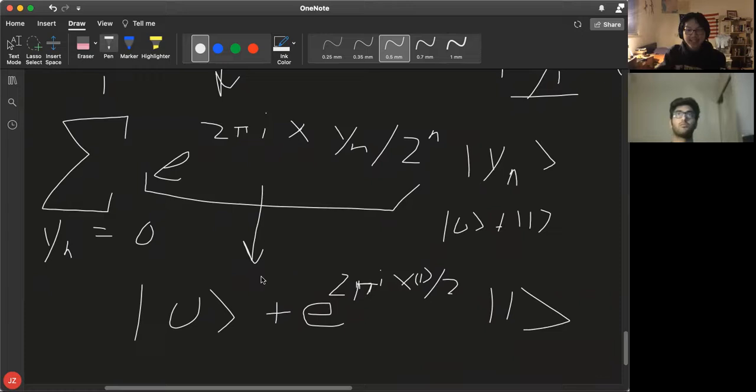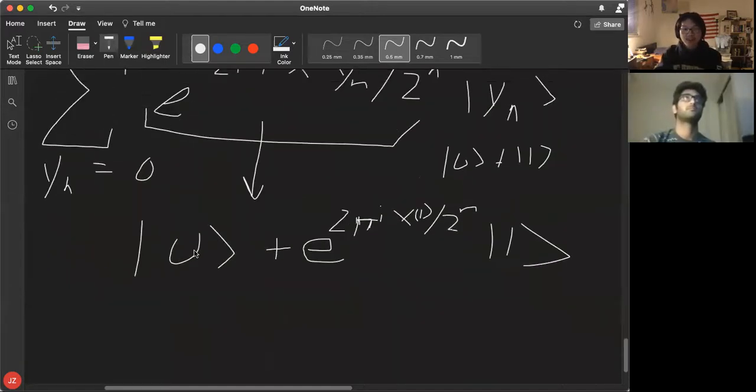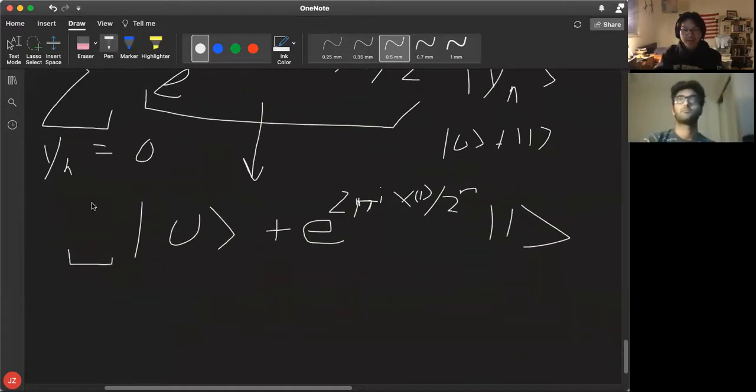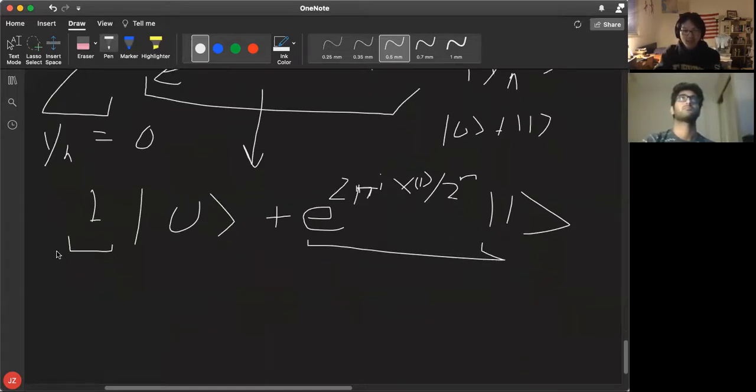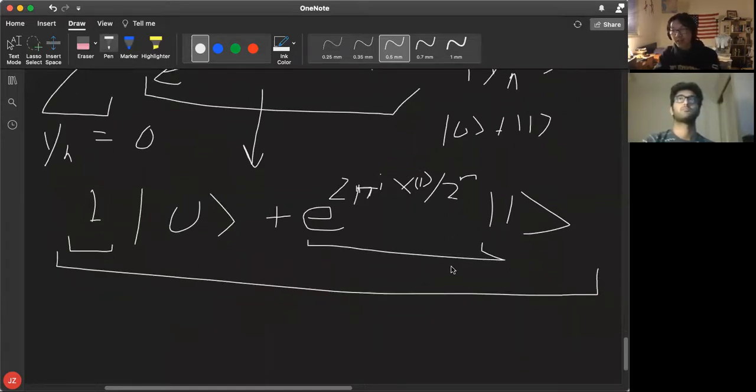But this is essentially what happens when you're targeting your nth term, or the last term, I should say. Over 2 to the, no, the n should be here. Sorry, I totally left that out. But you'll notice that we have two coefficients here. This is 1, and this is the actual phase changing factor, and this describes one qubit.